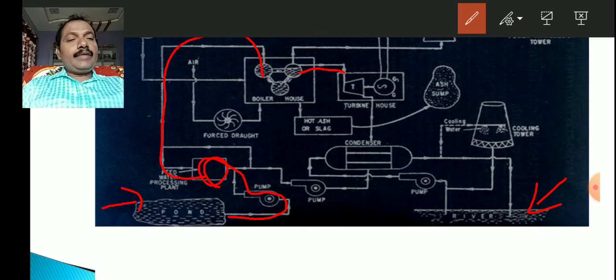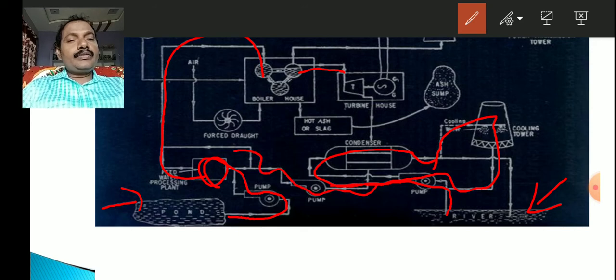Here, the river water is taken like this, and it is pumped into the condenser, utilized by the condenser, and then it may be sent to the cooling tower, and from the cooling tower it may be pumped to here, like this also.